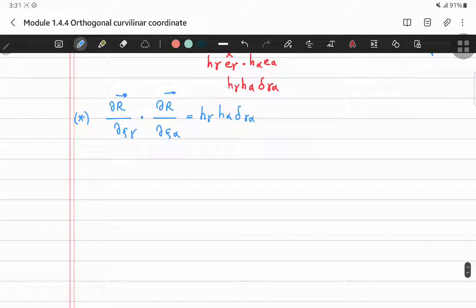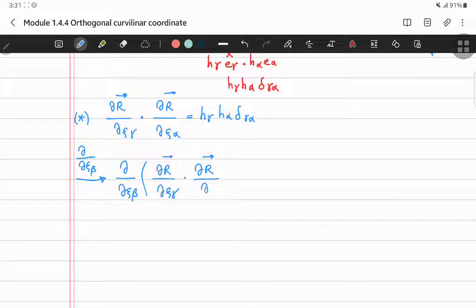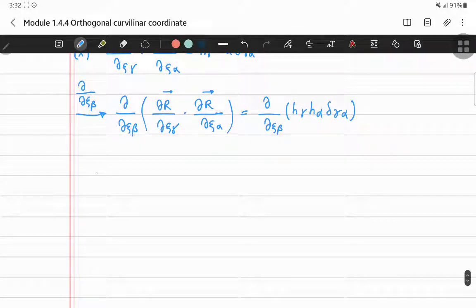If I take the derivative of the above equation with respect to Z beta, I am going to have something like the second partial derivative of R with respect to Z beta, then Z gamma, dot.